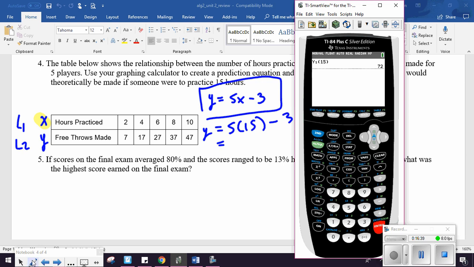All right, so let's just write down our result. So if somebody practiced 15 hours, we can predict that they would make 72 free throws. That's how you would interpret this information.